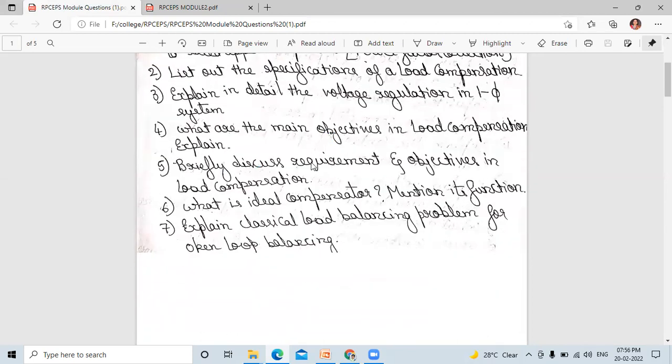Briefly discuss requirements and objectives in load compensation is the fifth question.